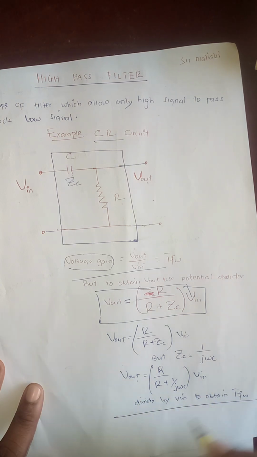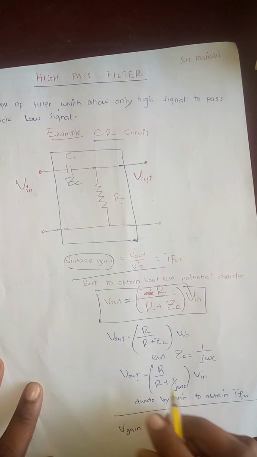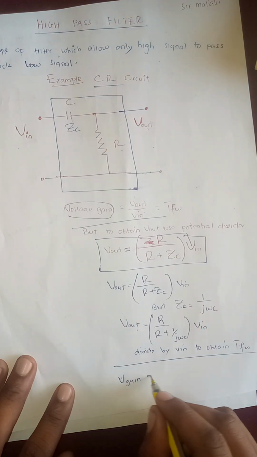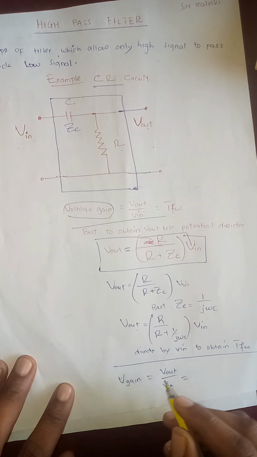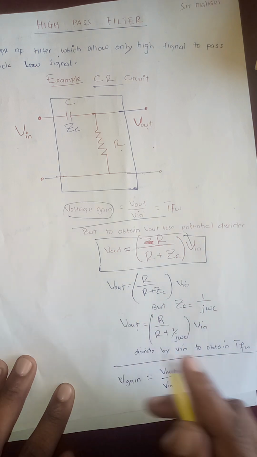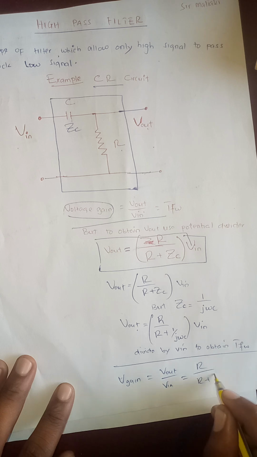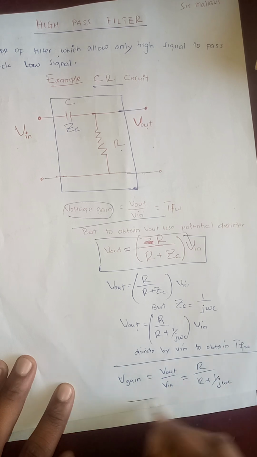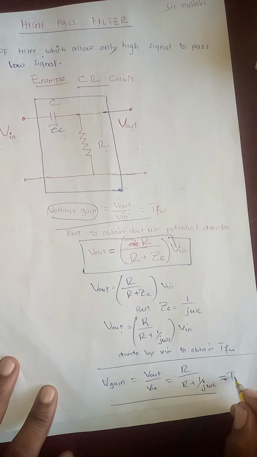So voltage gain is equal to Vout over Vin, which is equal to R over R plus 1 over JWC. This is a complex function, and this is all equal to the transfer function.